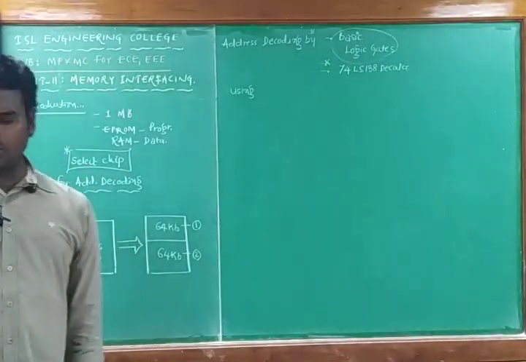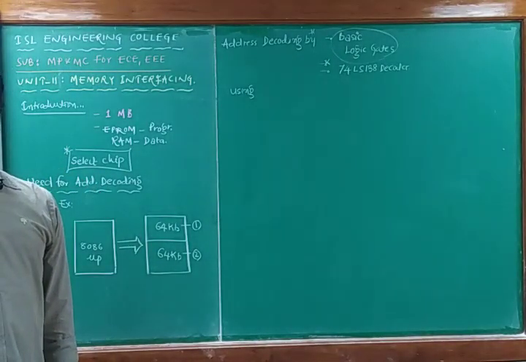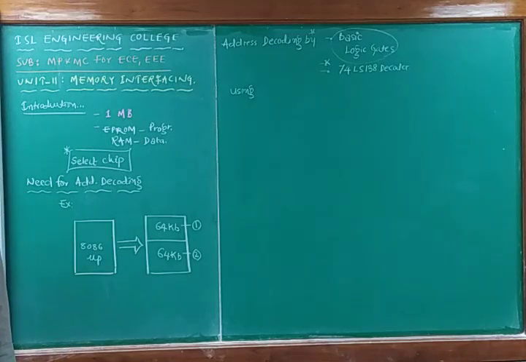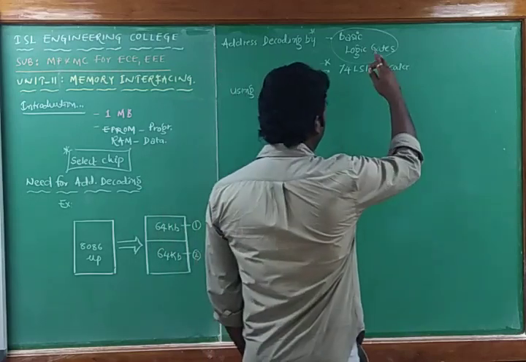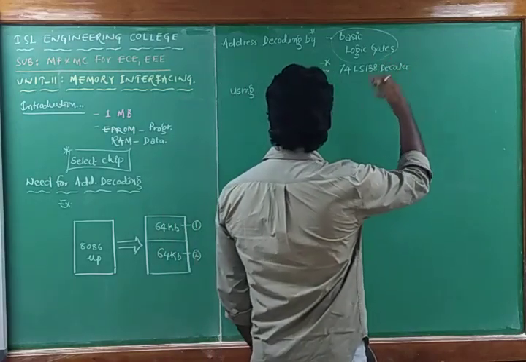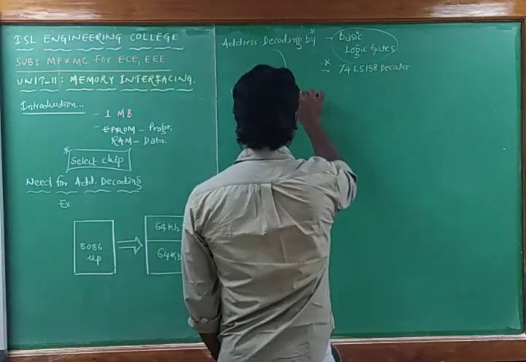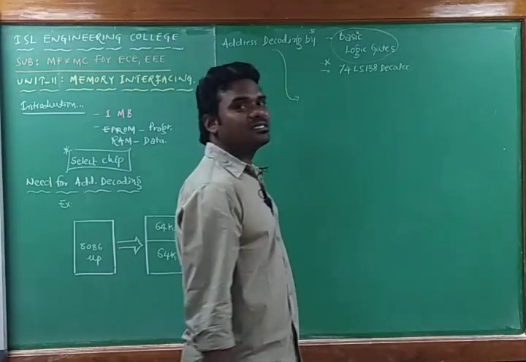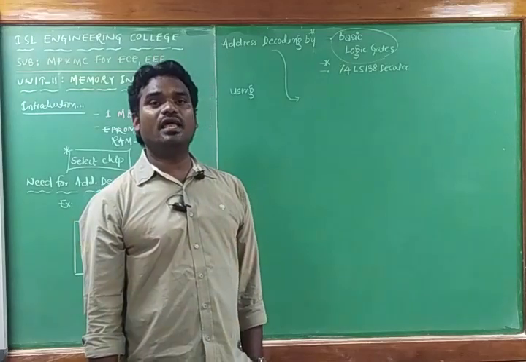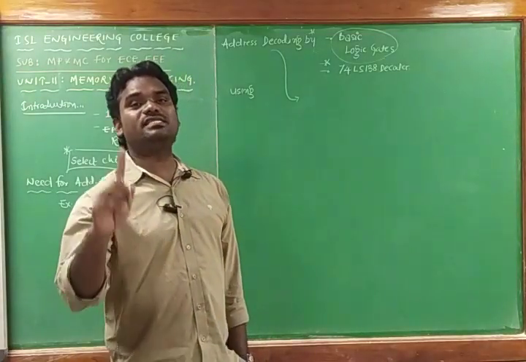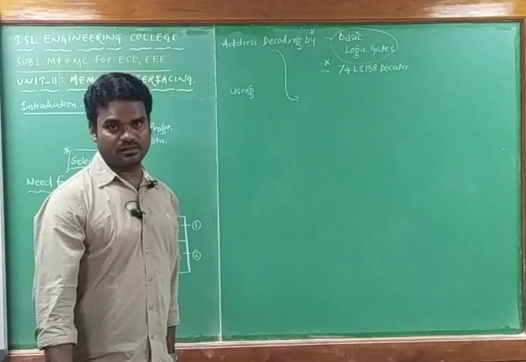Then I am going to explain the address decoding by making use of the logic gates. This method is used only if one memory device is connected to the processor. The limitation of this one is that by making use of basic logic gates, we achieve this address decoding, and this is applicable when the 8086 microprocessor is interfaced with a single memory device.